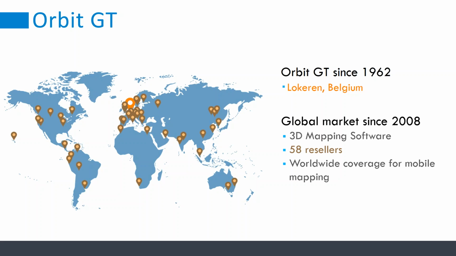We offer 3D mapping software products, and we distribute that via reseller channels. We have today 58 resellers which are spread globally. And if I'm talking about mobile mapping, we have today in projects and customers that are running Orbit software a real worldwide coverage.